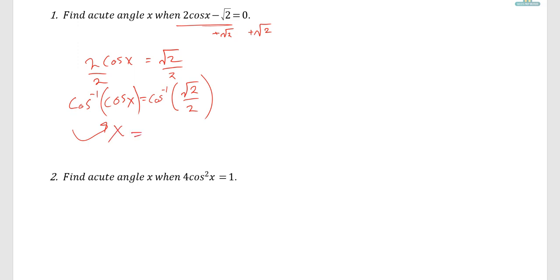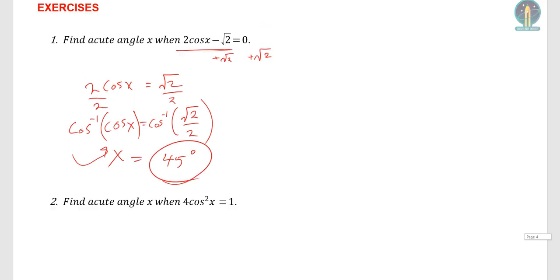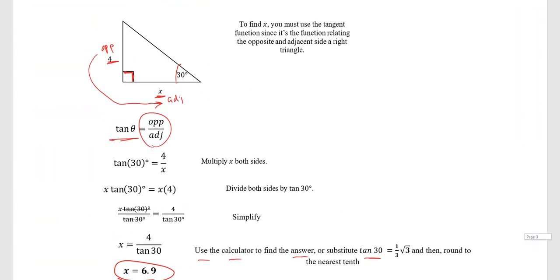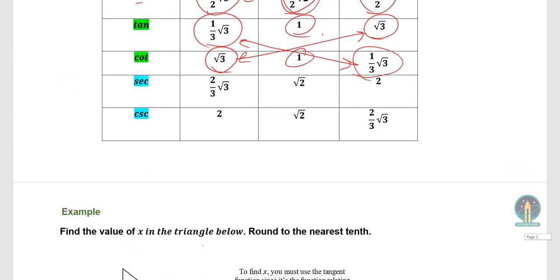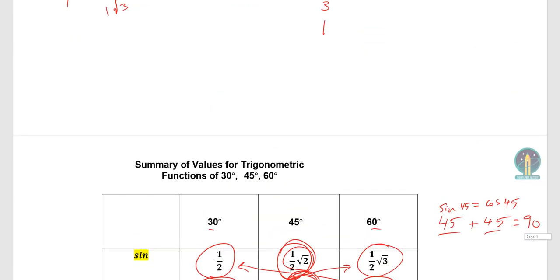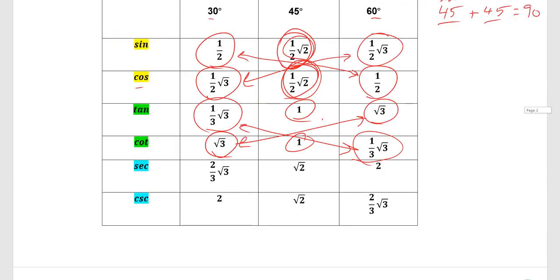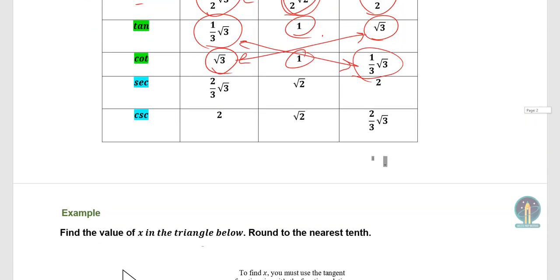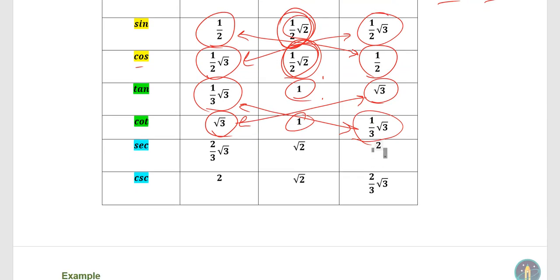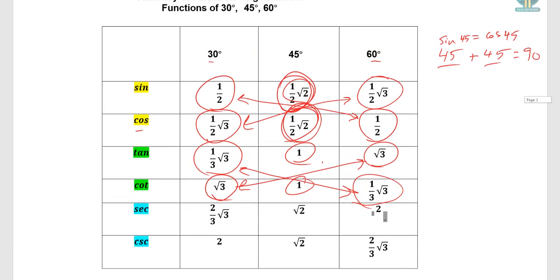But then on the calculator, when you do inverse cosine of square root of 2 over 2, you should get 45 degrees. And why is that? Because the cosine of 45 degrees is square root of 2 over 2, per our table.